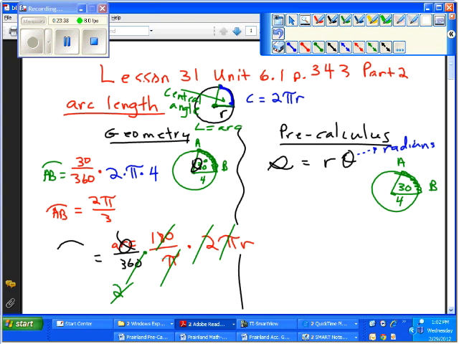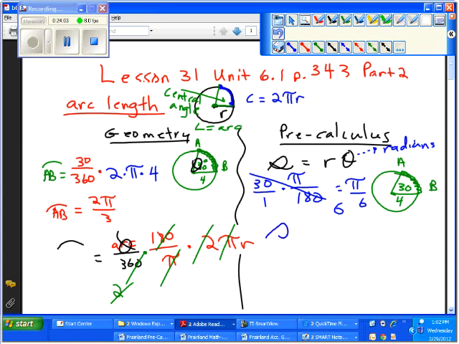So what would the first thing we need to do here be? Change degrees to radians. So we're going to take that 30 degrees. We're going to lose the name degree, and we're going to gain the name radian. We're going to get pi over 6 in radians.